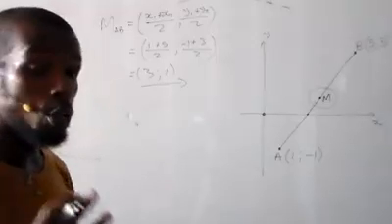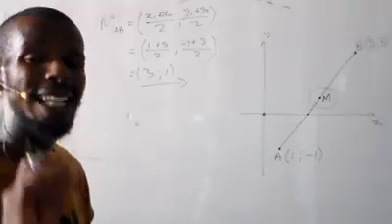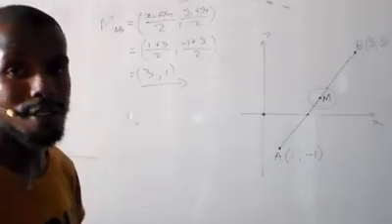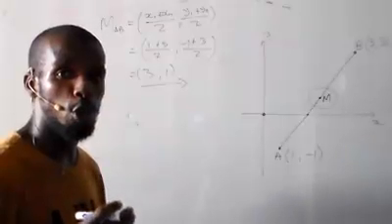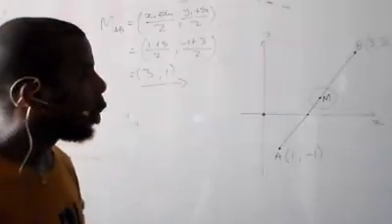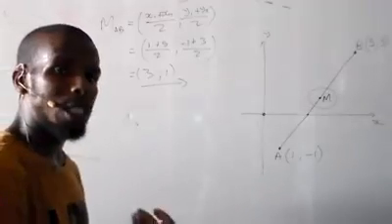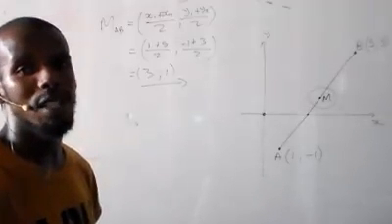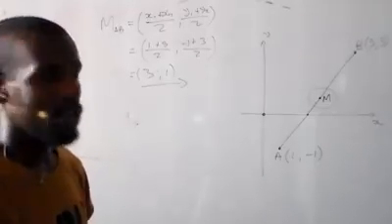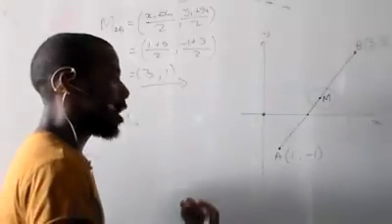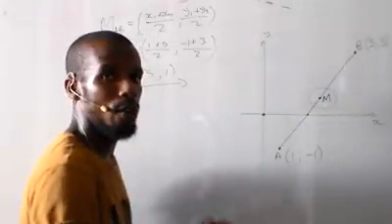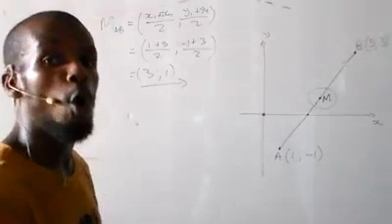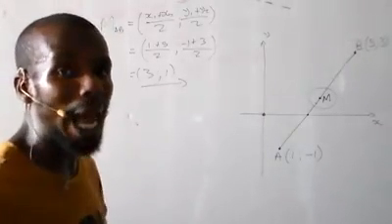Now, the word perpendicular in the statement is a hint for you. We know that with perpendicular lines, when you multiply their gradients, they always give you -1. So we must first find the gradient of the line we are given, which is AB, and then we will know the gradient of the perpendicular line.